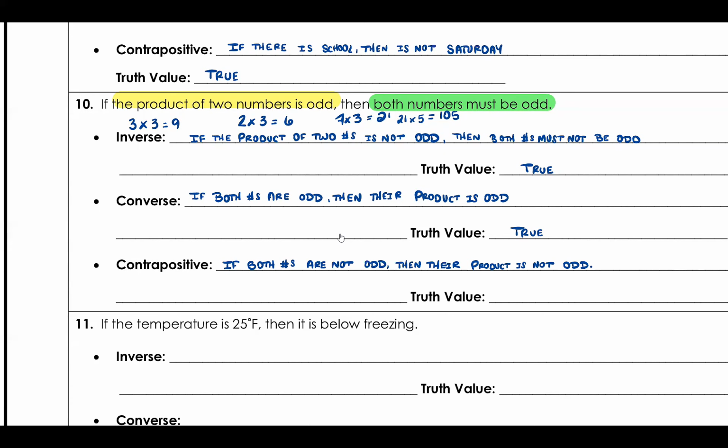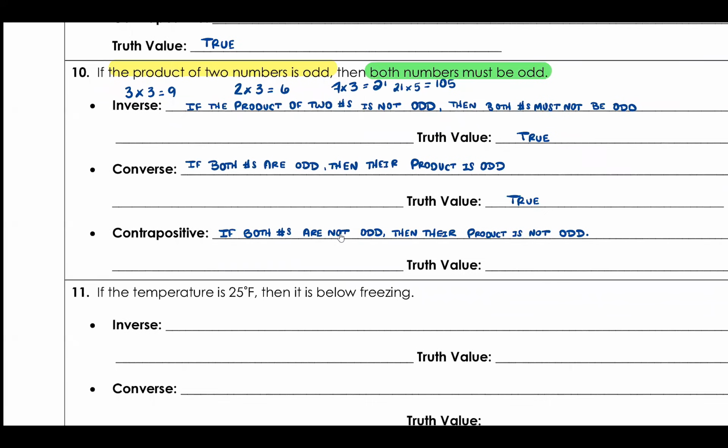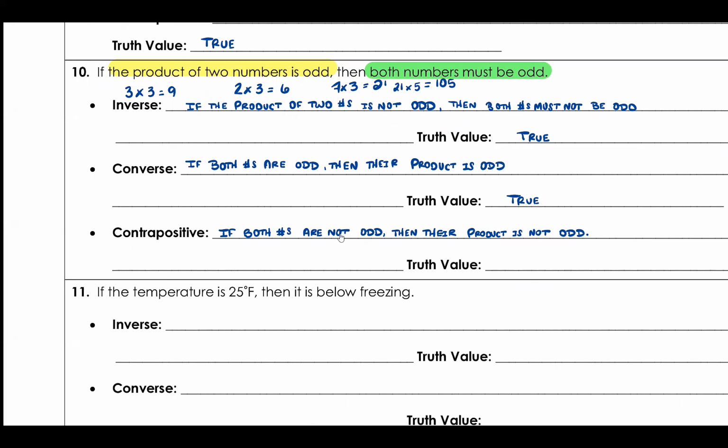Is that true or is that false? You didn't sound too confident. If both numbers are not odd, then their product is not odd. False. Why? Give me an example. I need a counterexample. I can't just have because.